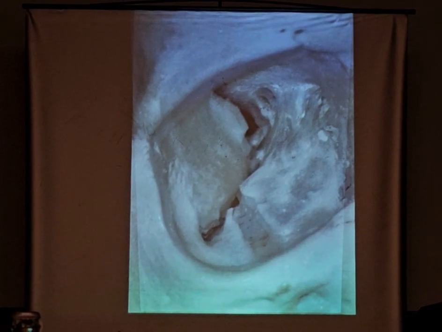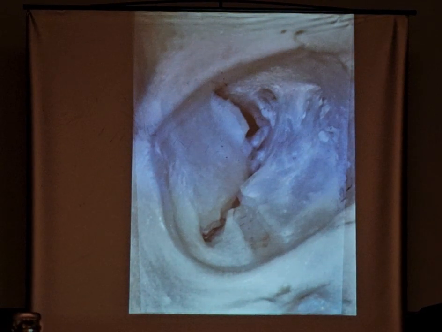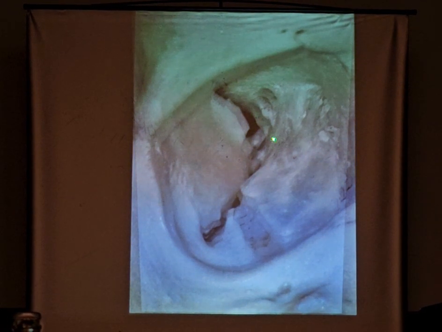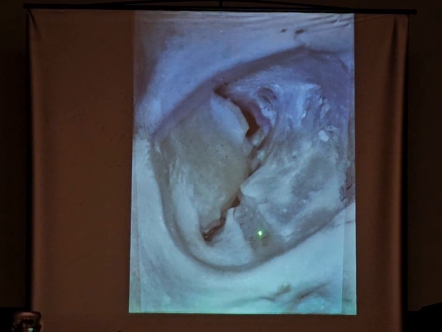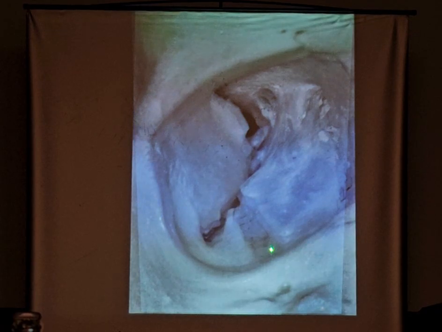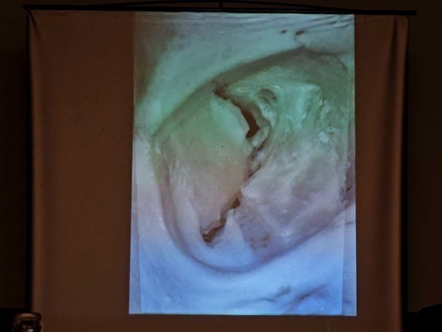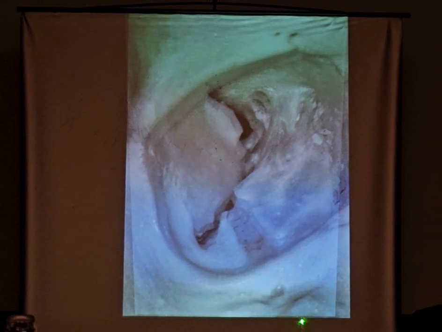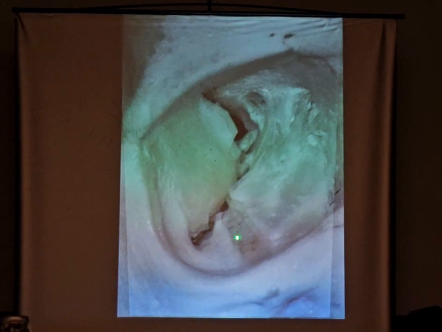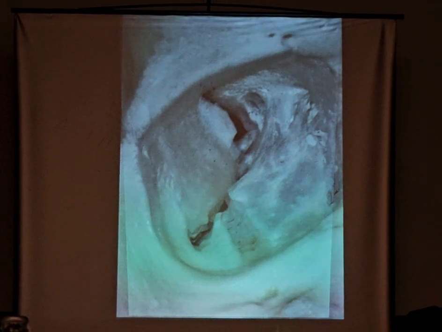Again, a right anterior view. We can recognize the superior orbital fissure, the inferior orbital fissure, and we can follow now the infraorbital groove running in the floor of the orbit to the infraorbital foramen and containing, as you know, the infraorbital nerve, branch of the maxillary nerve, and the infraorbital artery, branch of the internal maxillary artery.